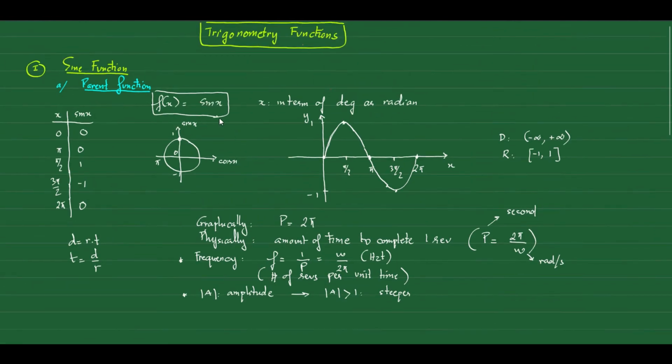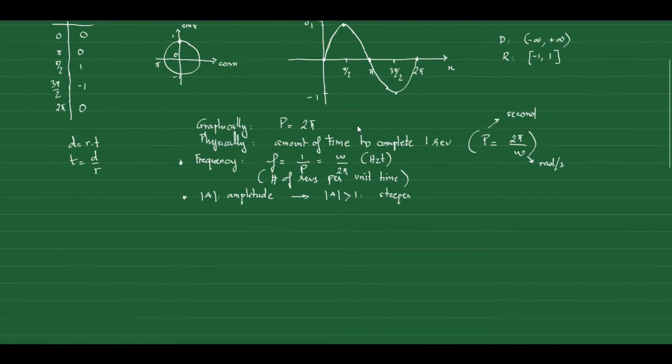And if A is greater than 1, we know it could be steeper. If A is less than 1, so between -1 and 1, for example 1 over 2, -1 over 2, something like that, then it would be less steep.